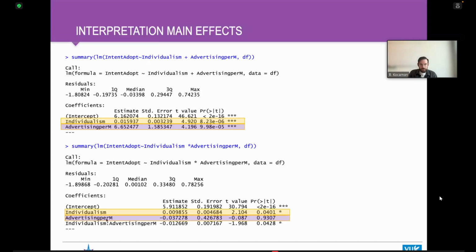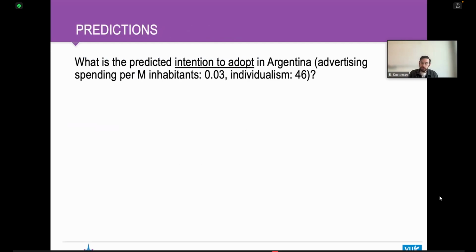Here, the advertising spending is insignificant. So maybe let's look at individualism. Here, individualism leads to 0.009 increase in intention to adopt when advertising spending is 0. Okay, so because we need to cancel out this effect of moderation. So this is basically how you interpret the main effects and the interaction effects in a moderation model. Let's now talk a bit about the predictions.